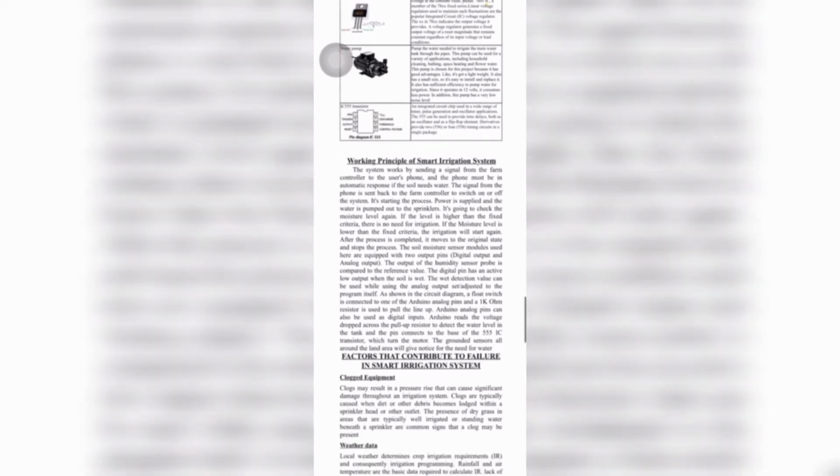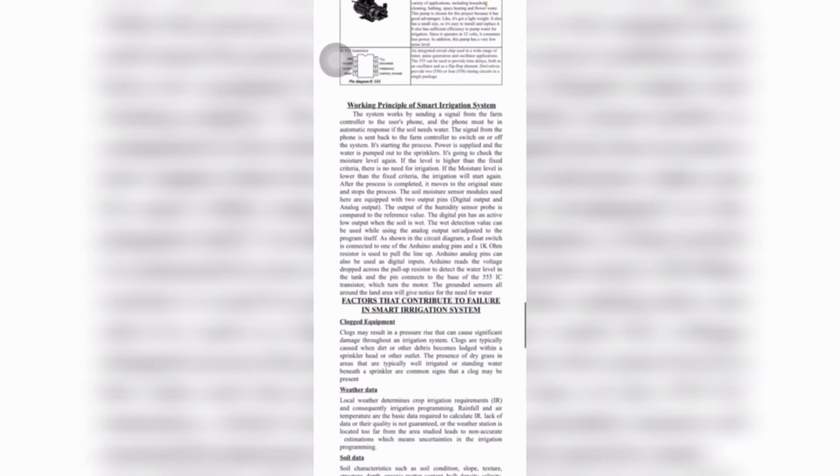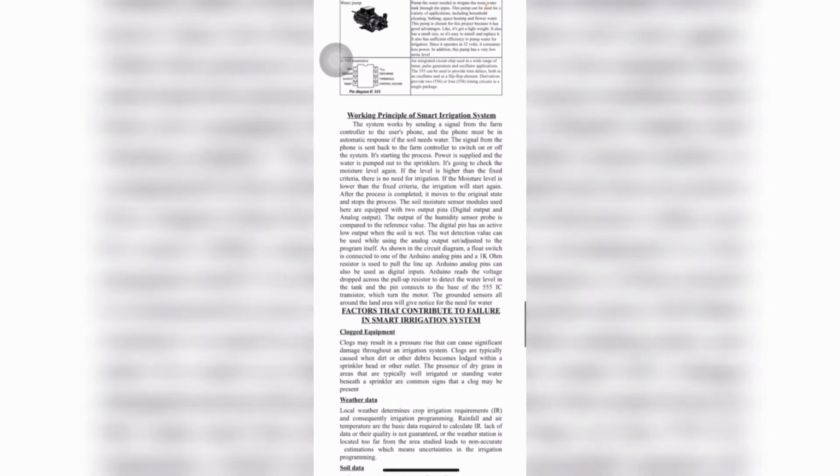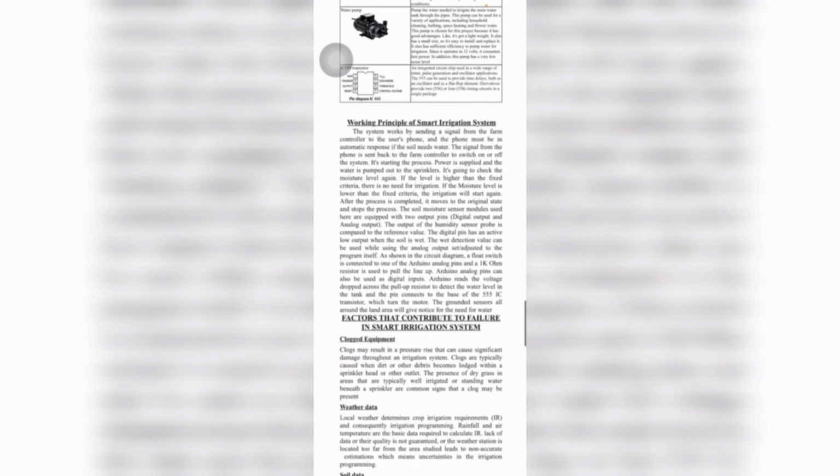An integrated circuit chip is used in a wide range of timer, pulse generation and oscillator applications. The 555 can be used to provide time delay, both as an oscillator and as a flip-flop element. Derivatives provide two timing circuits in the 556 or four in the 558 in a single package.